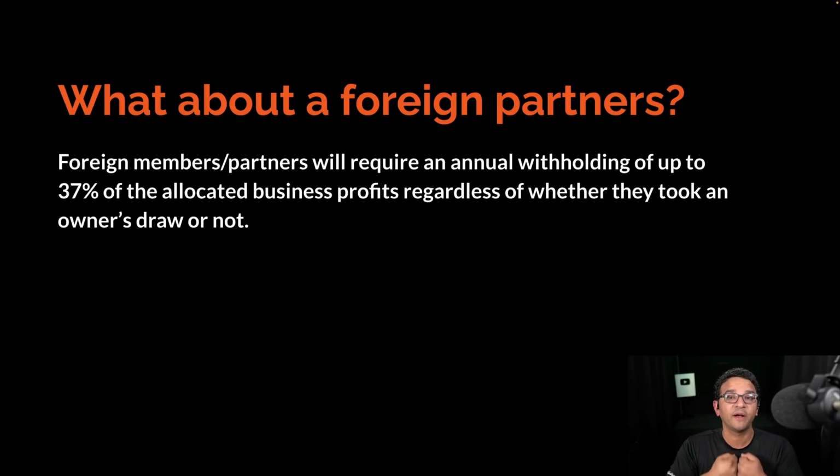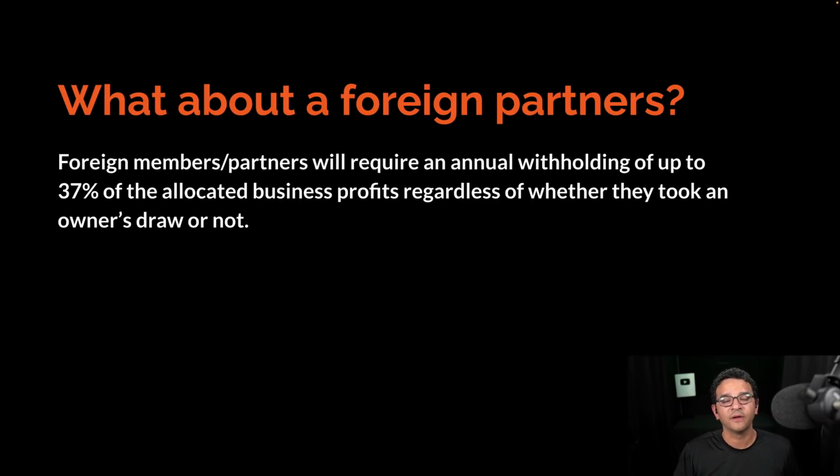The LLC is responsible for withholding it and reporting it to the IRS under that partner's ITIN, or individual taxpayer identification number. So a foreign partner of an LLC needs to take out an ITIN, because they don't have a Social Security number, because the LLC is going to put money in their account.